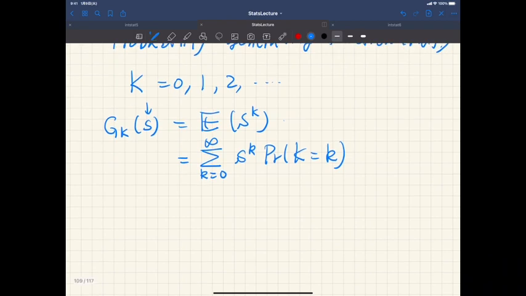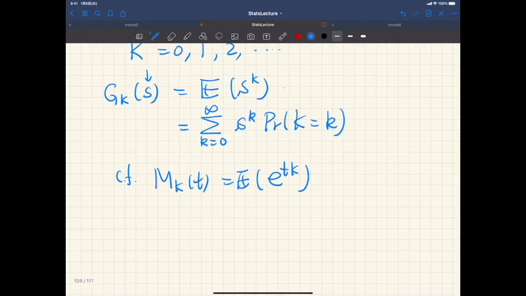Okay, so compare this with the moment generating function. We can also define a moment generating function for this random variable like this: the expectation value of exponential of tK. Okay, so just this difference.